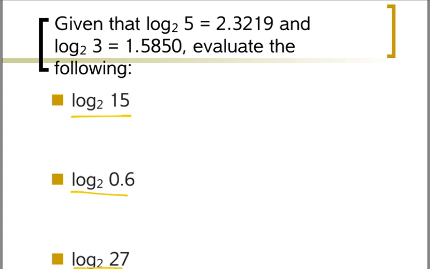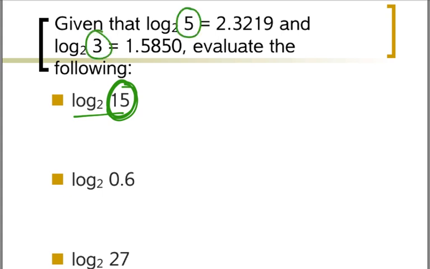Well, what we need to do is realize that we can rewrite each one of these using our log properties that we had before. And what I'm looking at here is I need to figure out how can I rewrite 15 as either a sum or a product or a quotient, in other words, multiplication or division of 5 and 3.